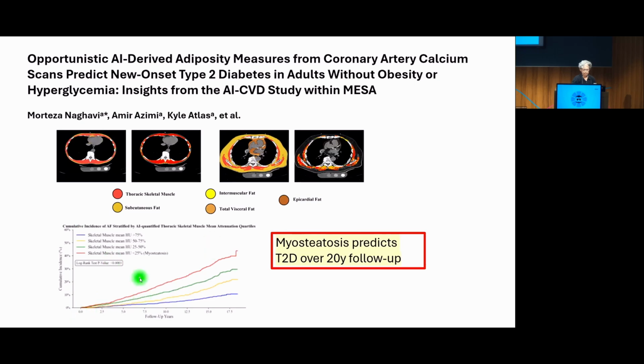You can see the red line here is the chances of getting metabolic disease, type 2 diabetes, 20 years after the scan. That is an extraordinary opportunity to see what the risk of an individual and the population is.